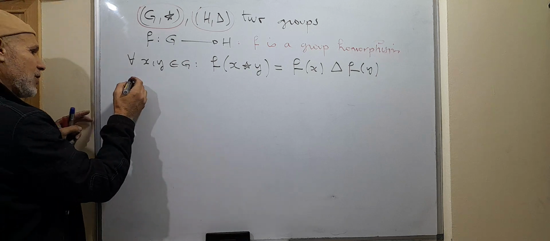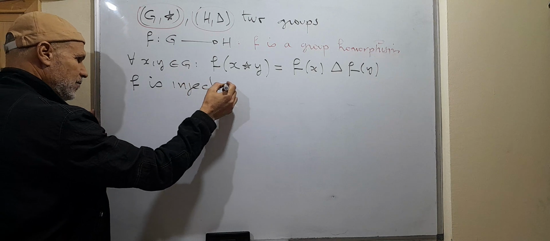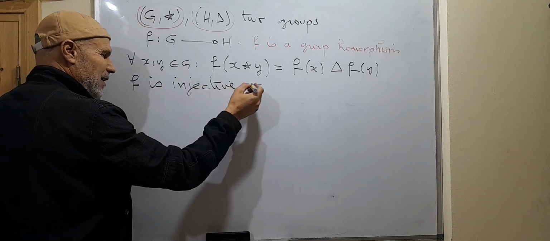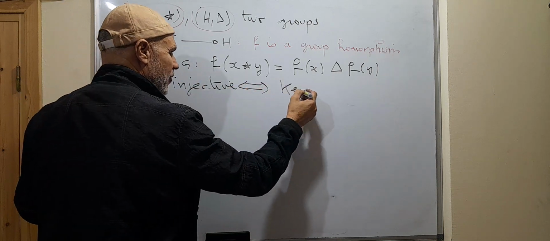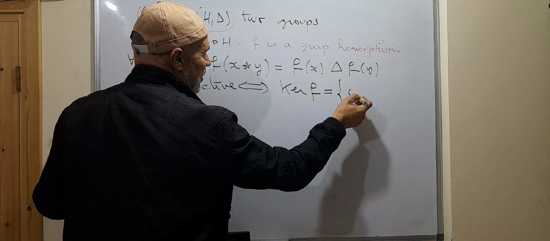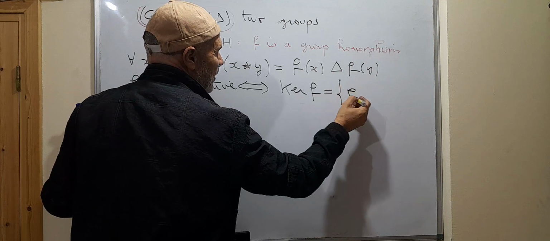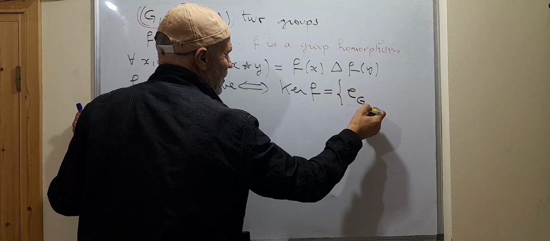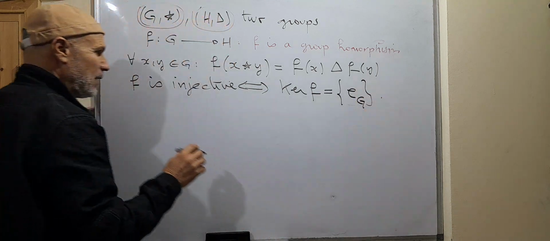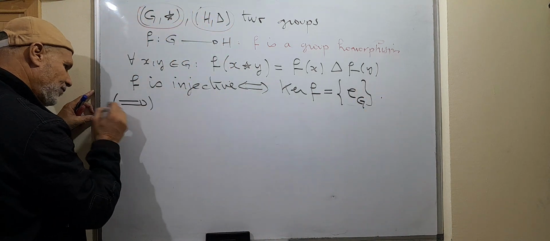f is injective if and only if the kernel of f is reduced to the neutral element of G. We will prove this first.